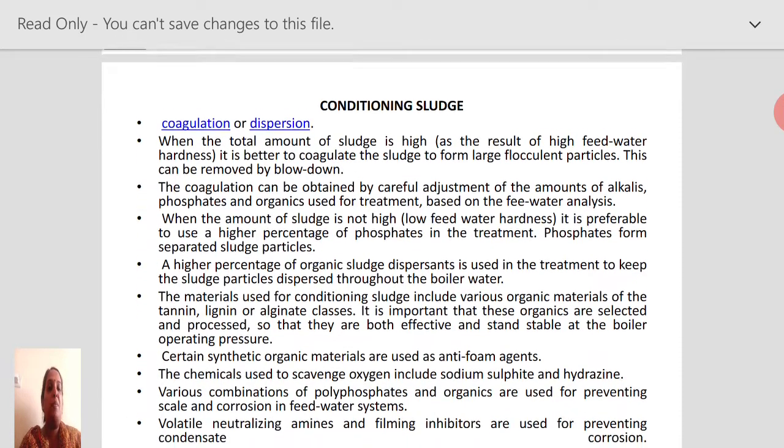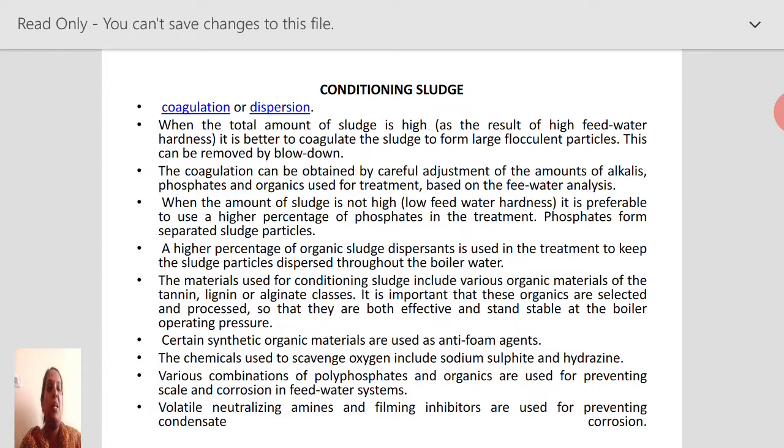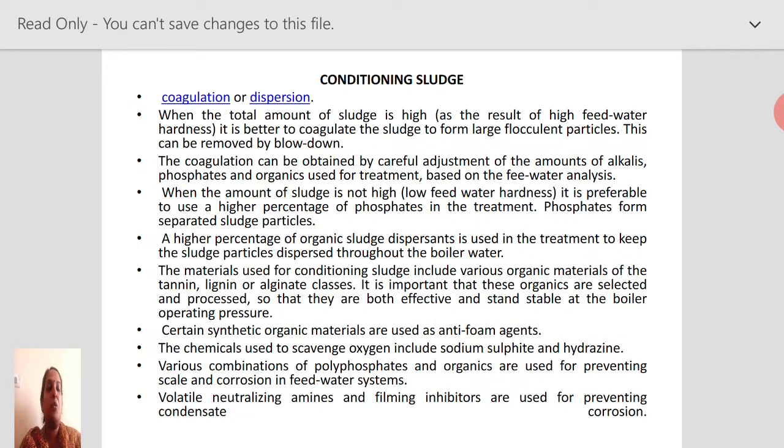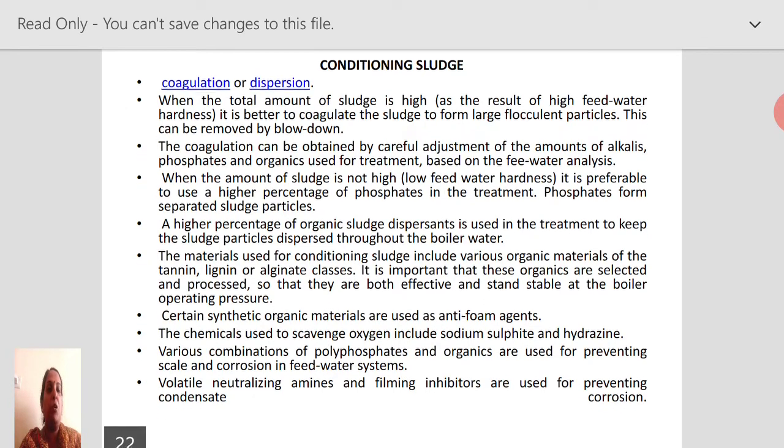Apart from using these chemicals, we can do conditioning in other ways, like coagulation as well as dispersion. We already know what coagulation is. Here, to increase the amount of sludge and make it flocculant particles, we add certain chemicals, or adjust the amounts of alkalis, phosphates and organics used for the treatment, so that all these substances coagulate and settle down, and can be removed by blowdown operation.